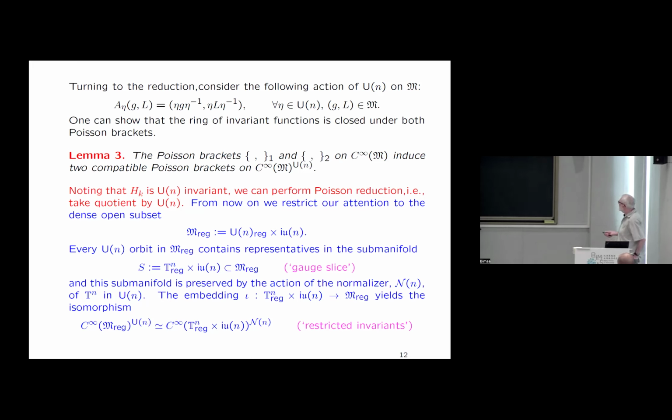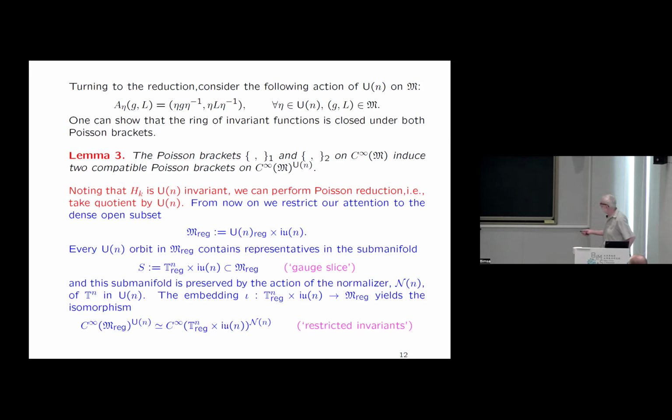Okay. Now, as I already mentioned, we take the quotient of the phase space by UN. And now, in order to have some kind of effective description of this quotient space, we do something which is just to make life simpler or manageable. We restrict to the regular part of the group UN. So we restrict to unitary matrices which have n distinct eigenvalues.